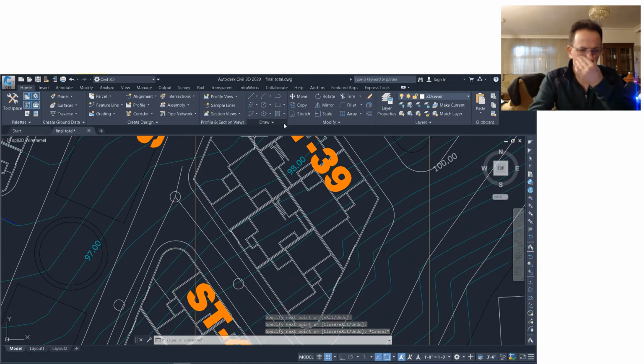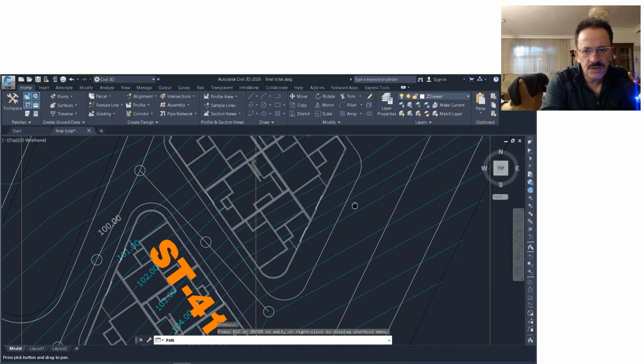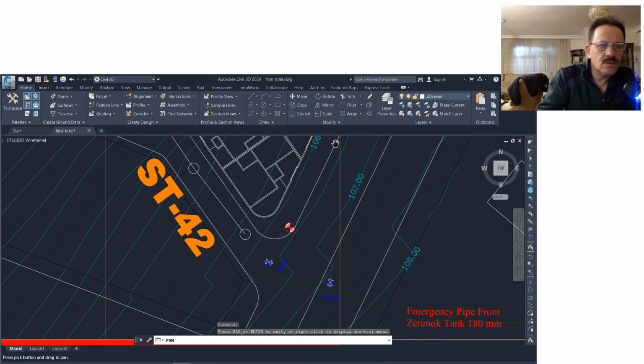Okay, now I am done with the profiles, and you have to number the manholes. For example, this will be manhole number 1.